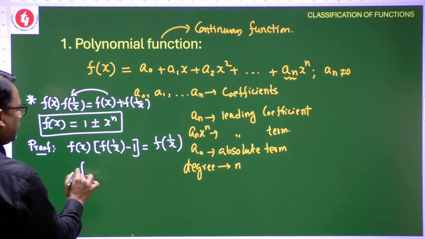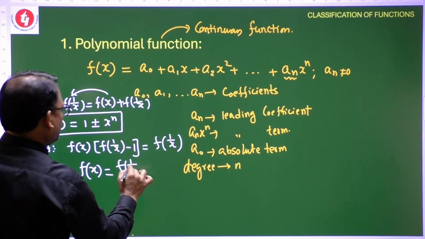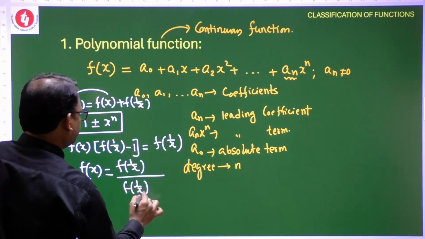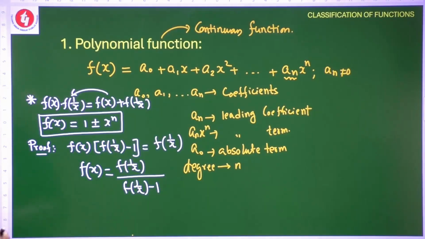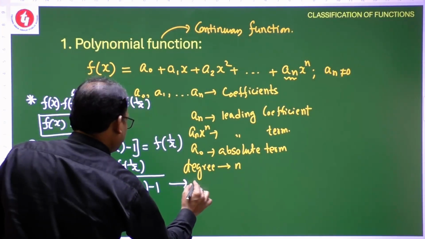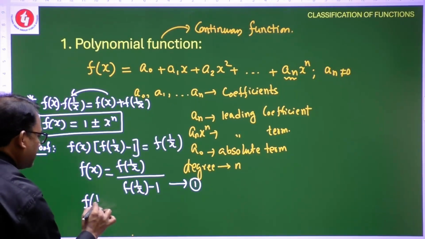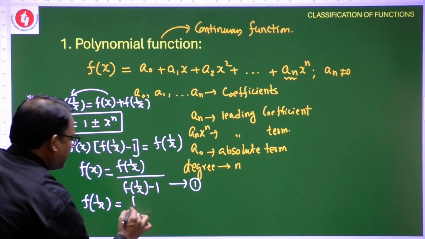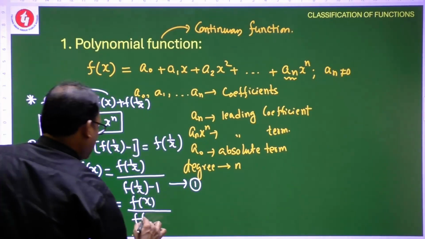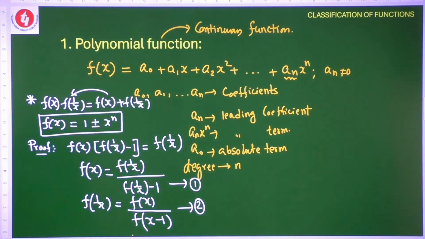From here I find f of x, which is equal to f of 1 by x divided by f of 1 by x minus 1. I am calling this equation 1. Similarly, find f of 1 by x, so it will be f of x divided by f of x minus 1. Call this one 2.